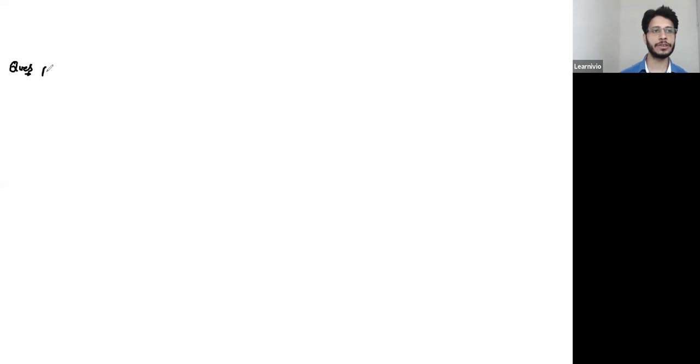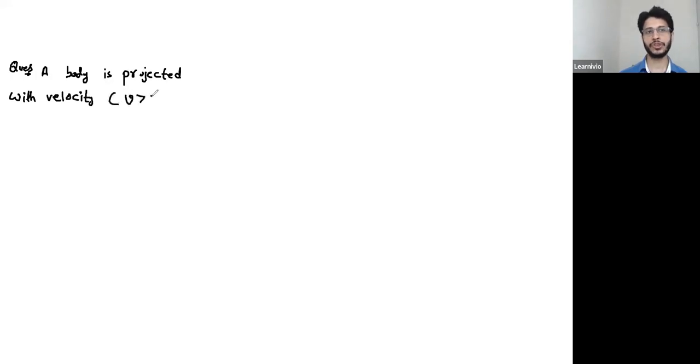So the question says a body is projected with velocity v greater than escape velocity.